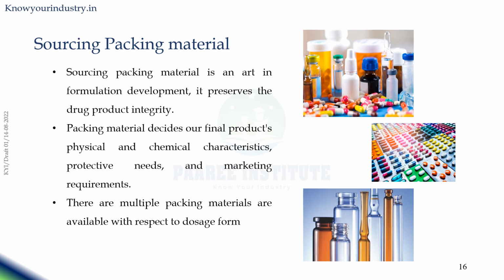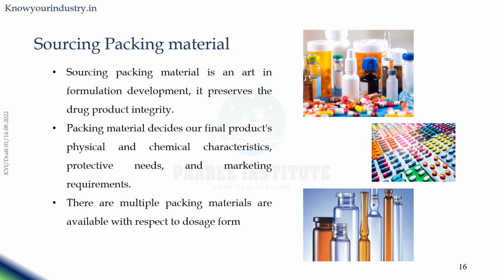Packaging material decides our final product's physical and chemical characteristics, protective needs and marketing requirements. There are multiple packaging materials available with respect to dosage form. For example, tablets and capsules require a bottle pack or blister pack, such as aluminum blister pack.